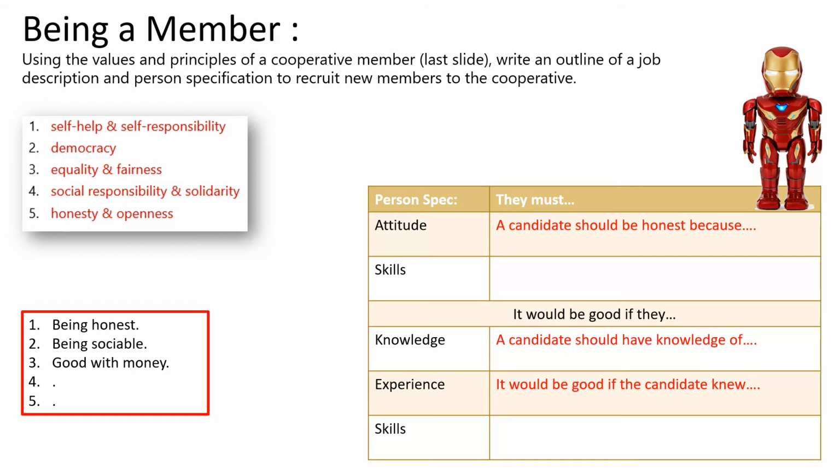So here we've got the knowledge, experience and skills, and we want the candidate to show knowledge of. We could talk about investments, being good with money, experience of running a team and training people. We could bring those things into it in terms of the principles that we talked about, any of the links between the notes and the principles of the red post-it note above.